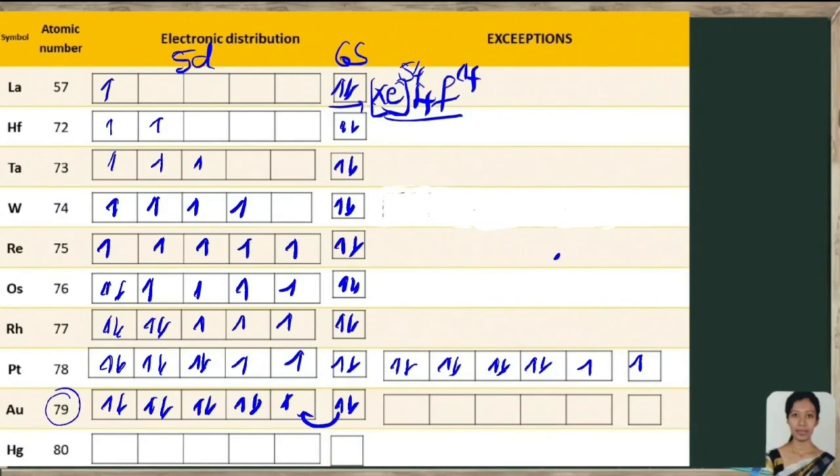That's why this gets extra stability, as in the case of chromium and silver. For mercury, which is completely filled with electrons, you write the electronic configuration for the d orbitals in this way.